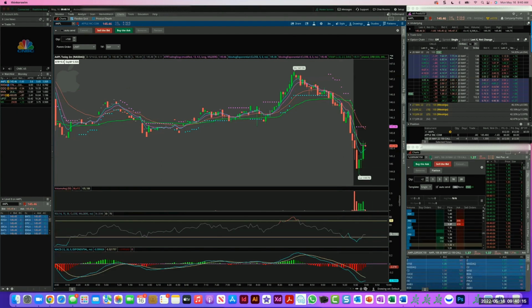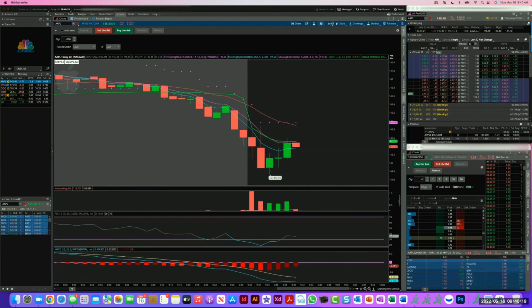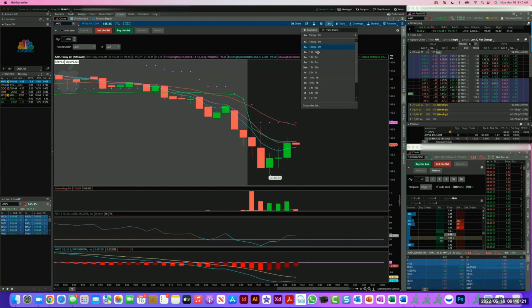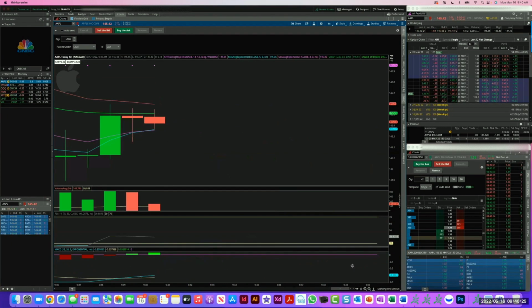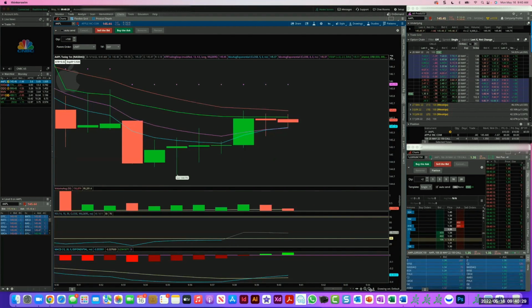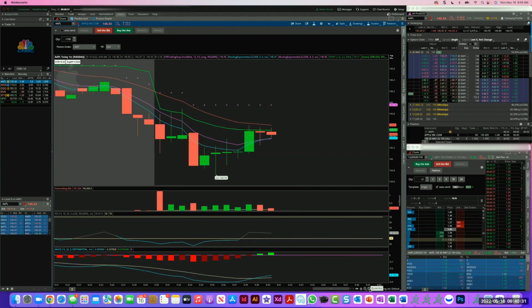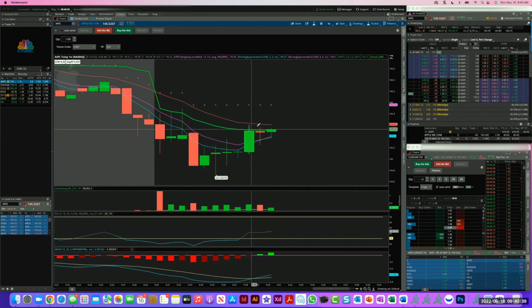So now I'm going to go back to my 1 minute chart. Let's keep an eye on this. I think the 1 minute's probably going to be too fast, but we'll keep an eye on this 1 minute chart. I do still have the ATR trailing stops. I think those are good.